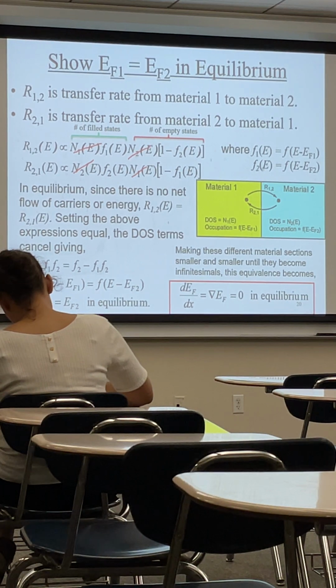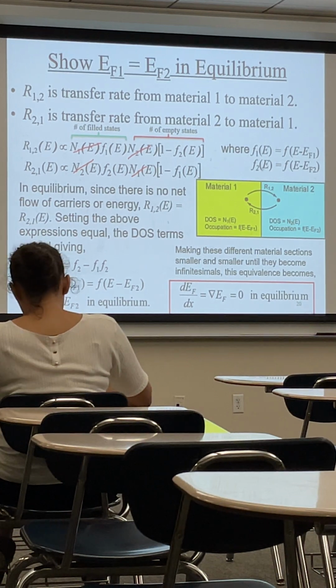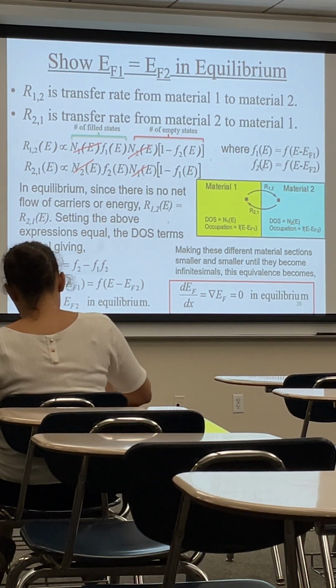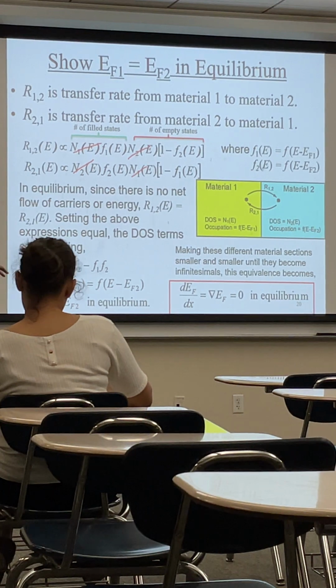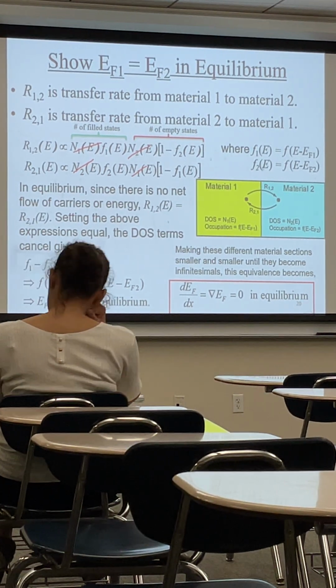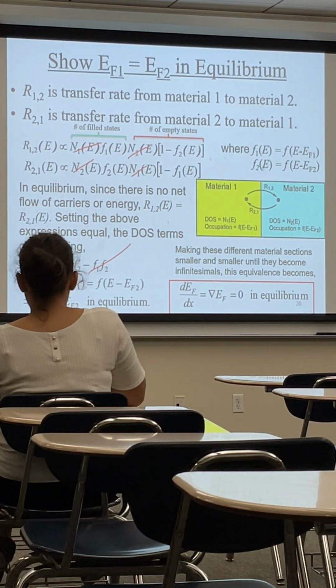So these density of states terms cancel, and what we are left with is F1 minus F1 times F2 equals F2 minus F1 times F2. And again, you can see this F1 times F2 cancels out. They are the same. So what is left is just F1 equals F2.